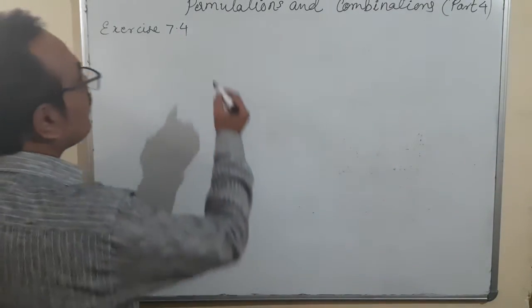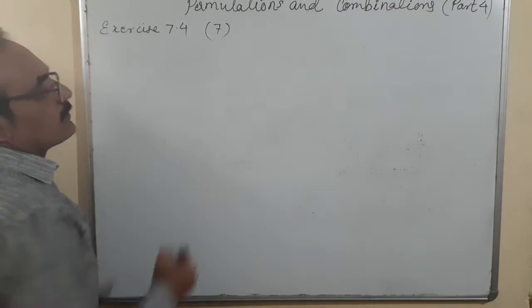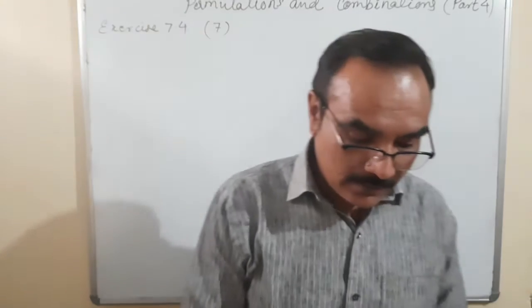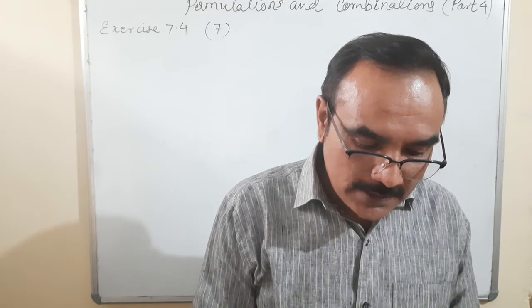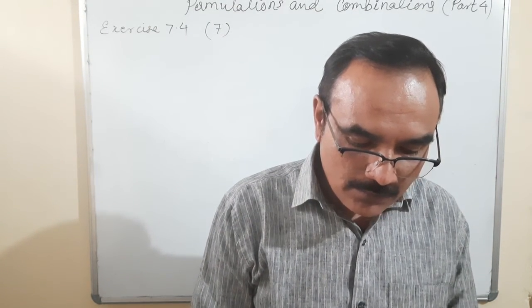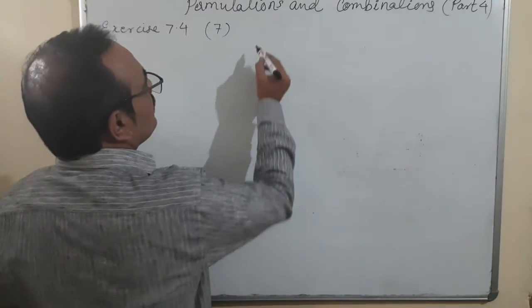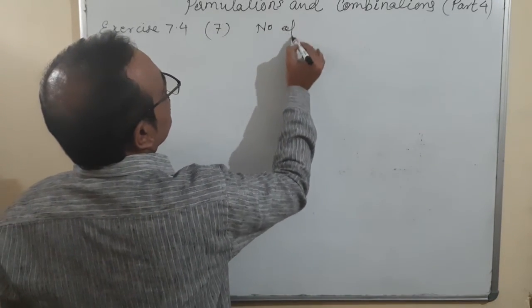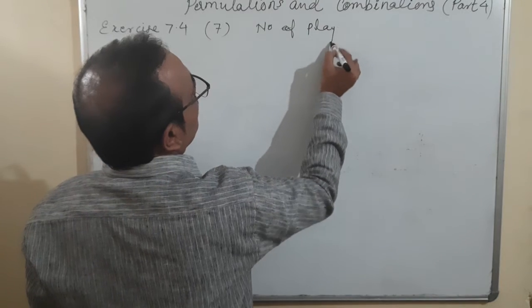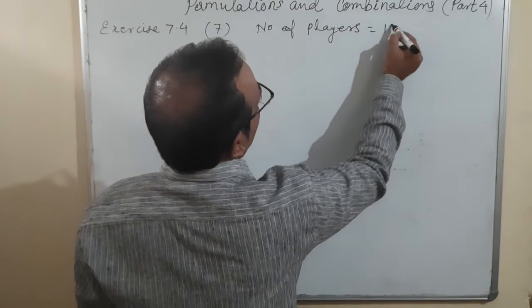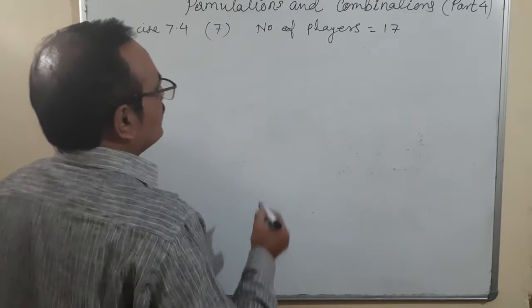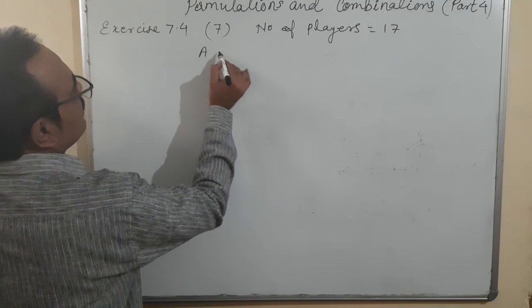Okay. In how many ways one can select a cricket team of 11 from 17 players? Number of players is equal to 17. Team is selected.